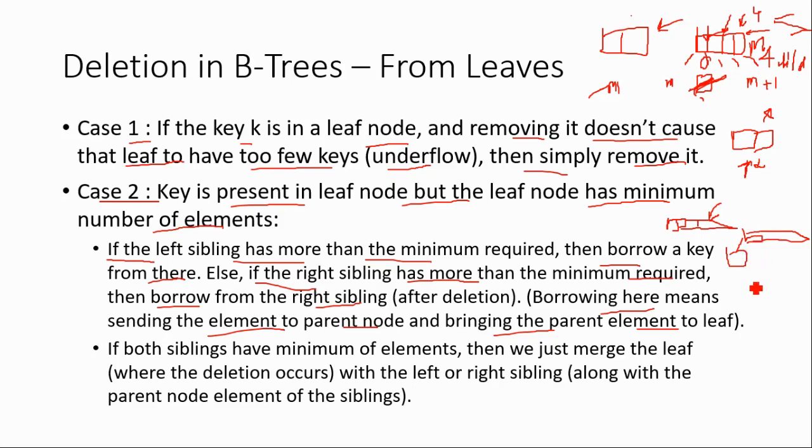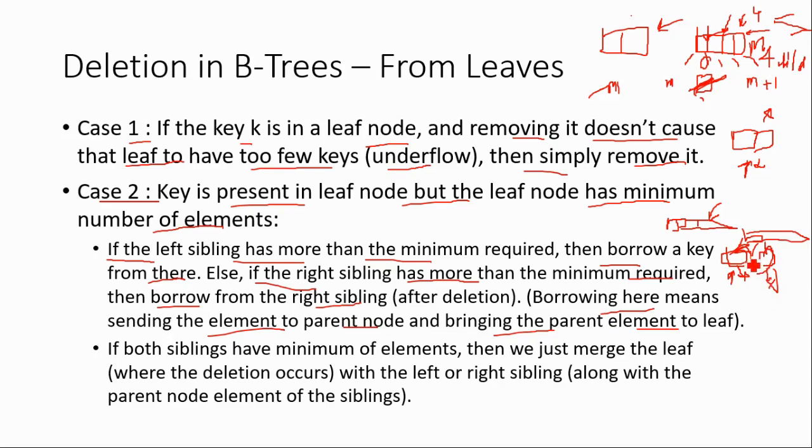So if we talk about borrowing a key from a particular sibling, then we cannot just transfer an element from this node and put it into the next node, meaning the one from where we have deleted an element.